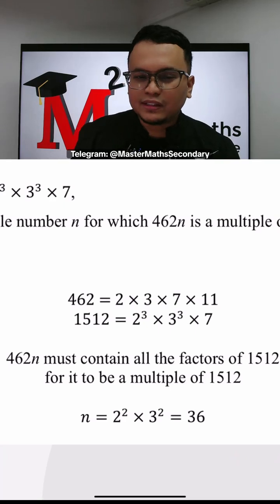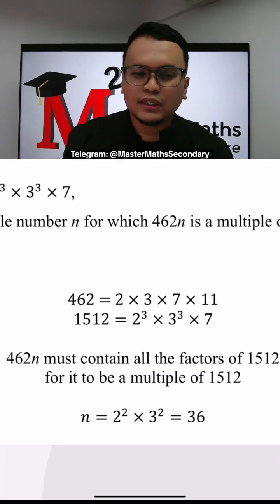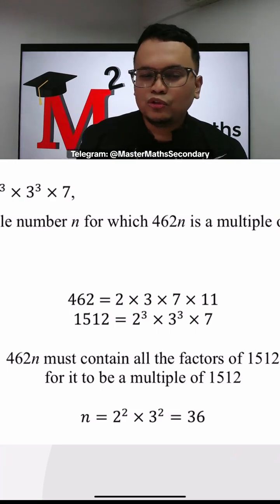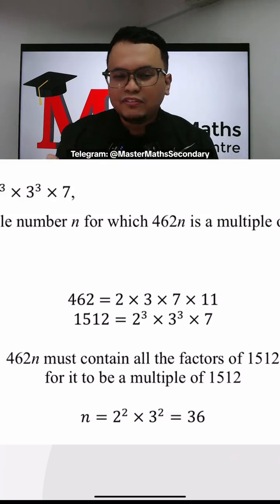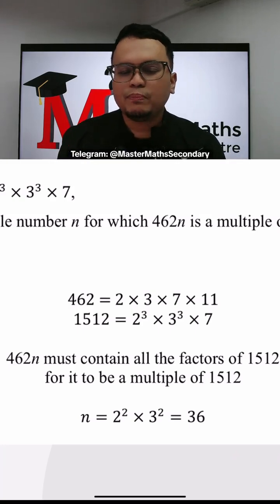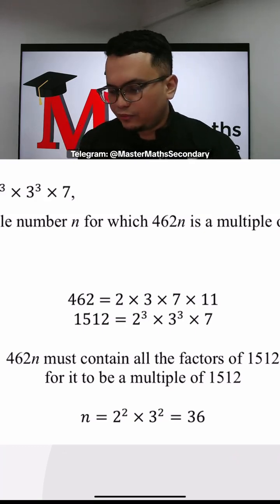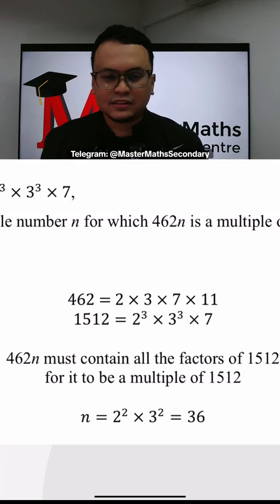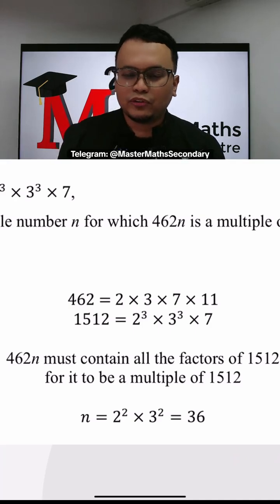How about 7? 7 is not an issue because 7 is already inside of 462. It is a factor of 462, so you don't have to worry about that 7. What you got to do is to just level up the 2 and the 3 so that you now have 2 power 3 and 3 power 3 also within that 462n. So that's how we arrive at the answer of 36, by taking 2 square and 3 square to level up your 2 and 3.